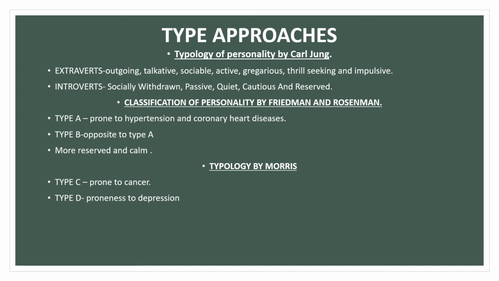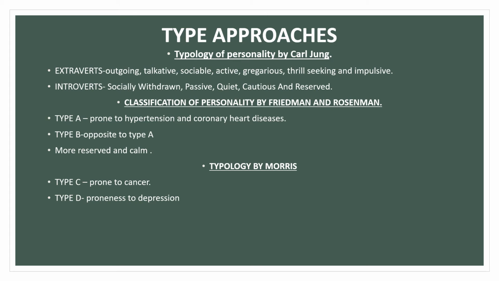Next, Morris further extended the typology given by Friedman and Rosenman. He has given two types of personality, type C and type D. Type C personality is more prone to cancer, and the people belonging to this personality type are cooperative, unassertive, and patient.